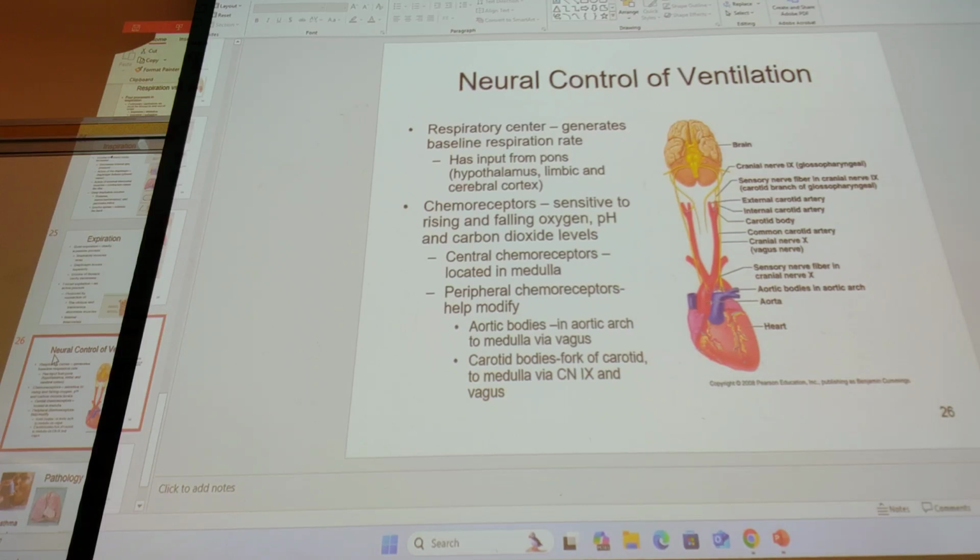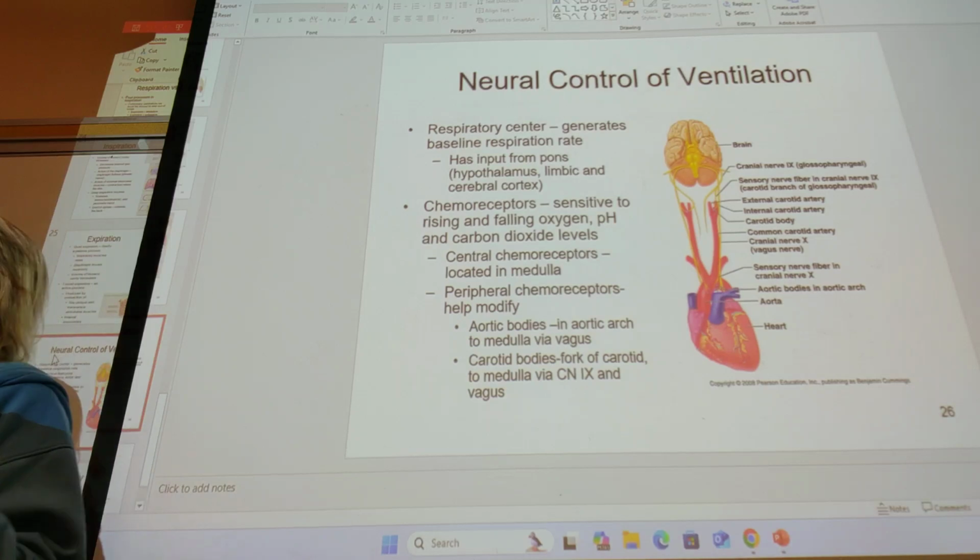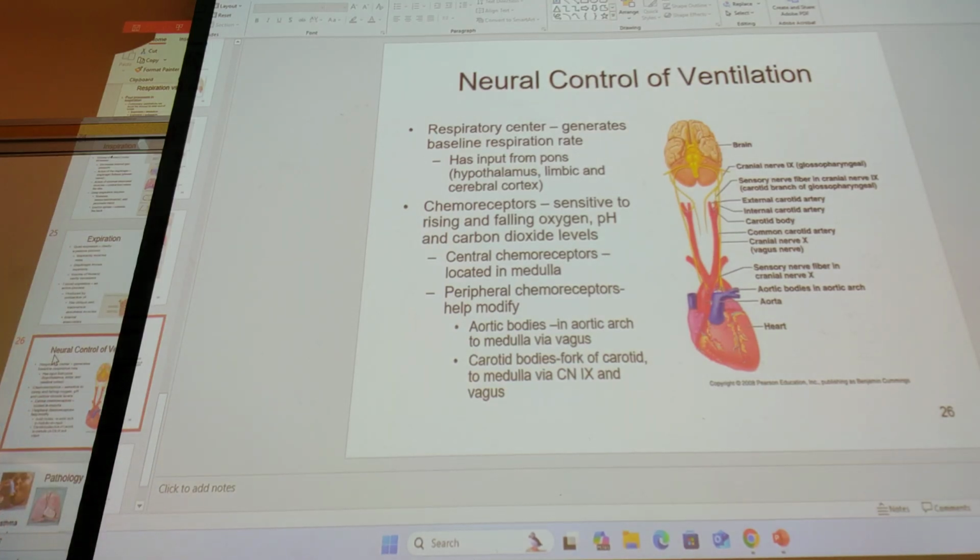Just like we learned in Unit 1, in the medulla, in addition to cardiac centers like cardio-acceleratory or cardio-inhibitory, we do have respiratory centers. And these respiratory centers are going to regulate your breathing rate and depth.